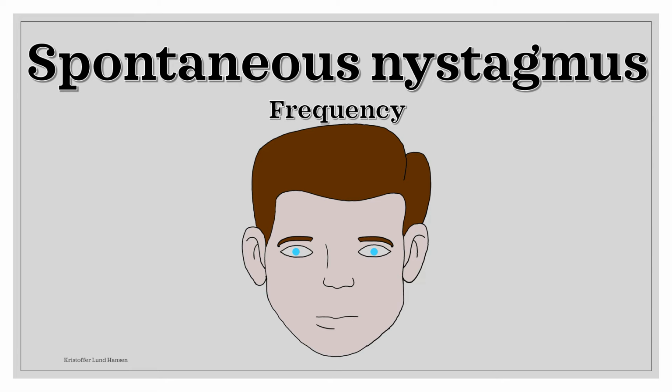Next, we have to describe the frequency. Frequency means how often the eyes make the repetitive movement. In a high frequency nystagmus, the eyes will move more often back and forward in a similar manner as shown, while a low frequency will move less frequently back and forward, like shown here.